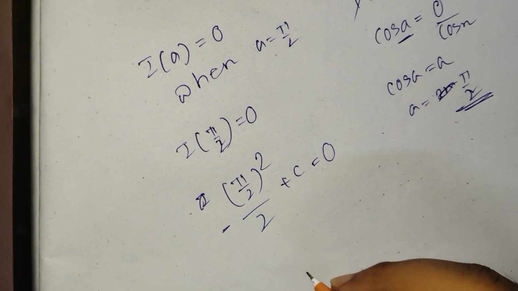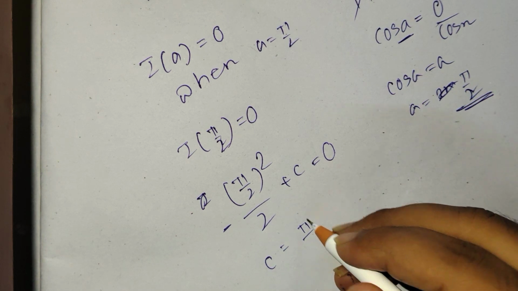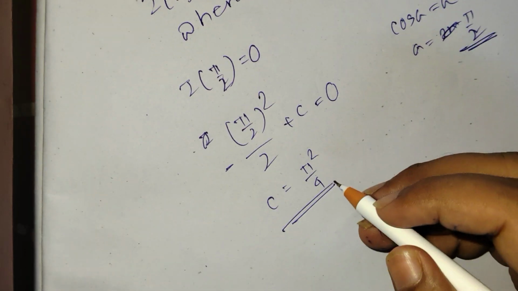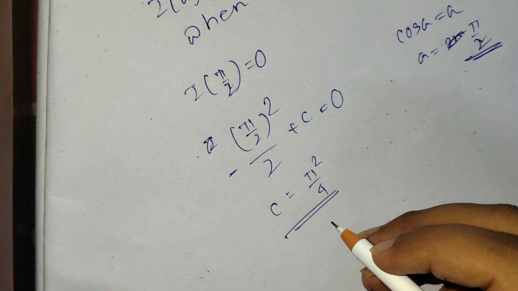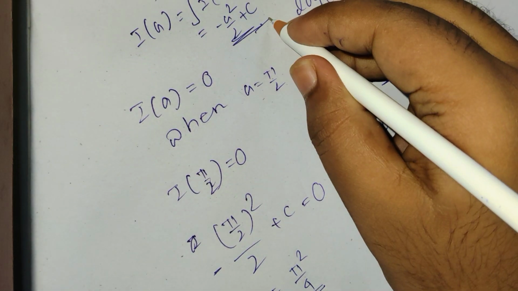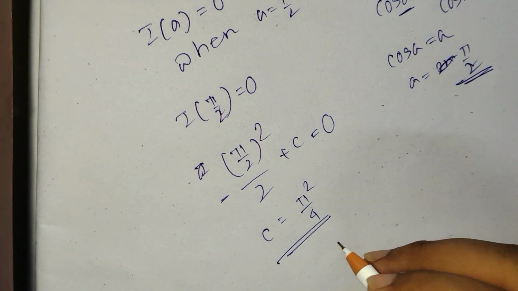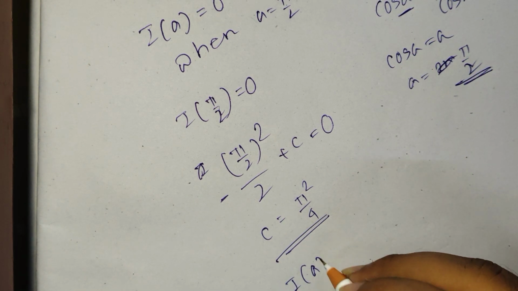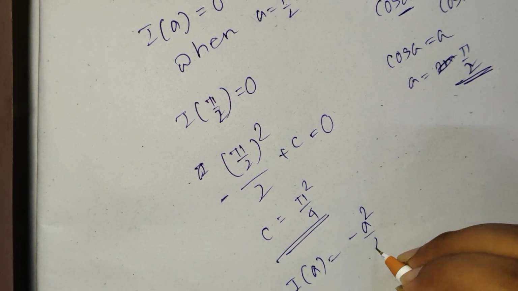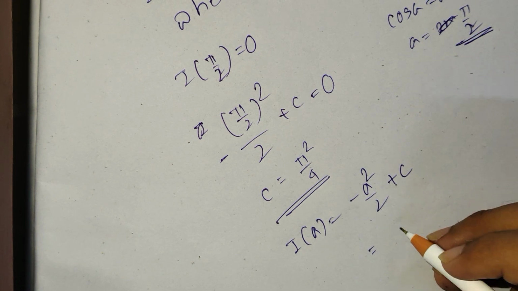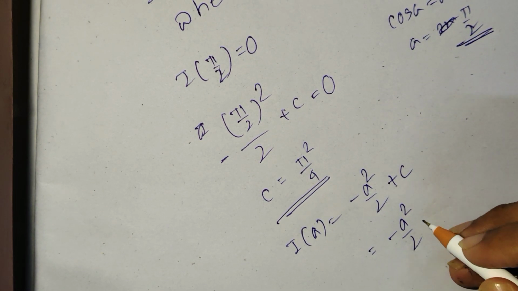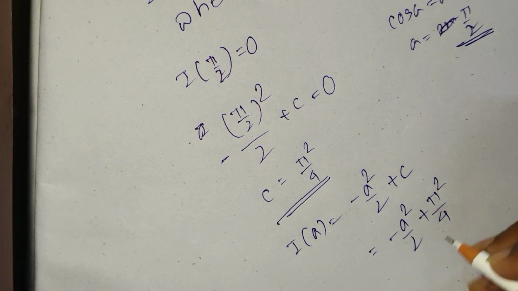From this you can easily find out the value of c, which is equals to nothing but pi square by 4. So now we can replace the c with pi square by 4 so that we can find out the value of I a. So I a is nothing but minus a square by 2 plus c. We just have to replace the value of c. So this is minus a square by 2 plus pi square by 4.